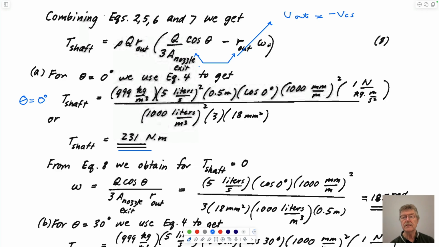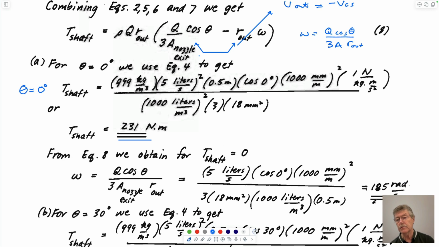And so you could rewrite this as omega is equal to q cosine theta over 3 times a, and you'd move the r out. So setting this term equal to 0, that's the only way that this can equal 0. And if you do that, that's what they've done here. You end up with a rotational velocity, which is in radians per second.